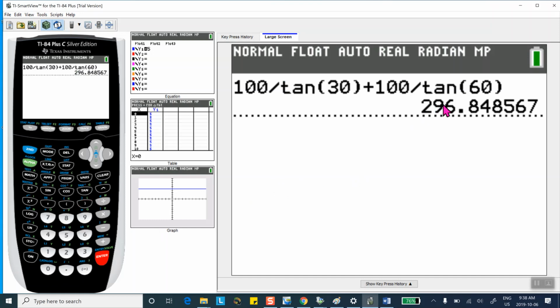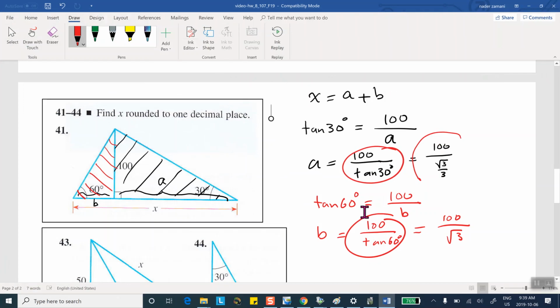And you get 296. It says one decimal point, so you round after the first decimal point, so it's going to be 296.8. See that? One decimal point.